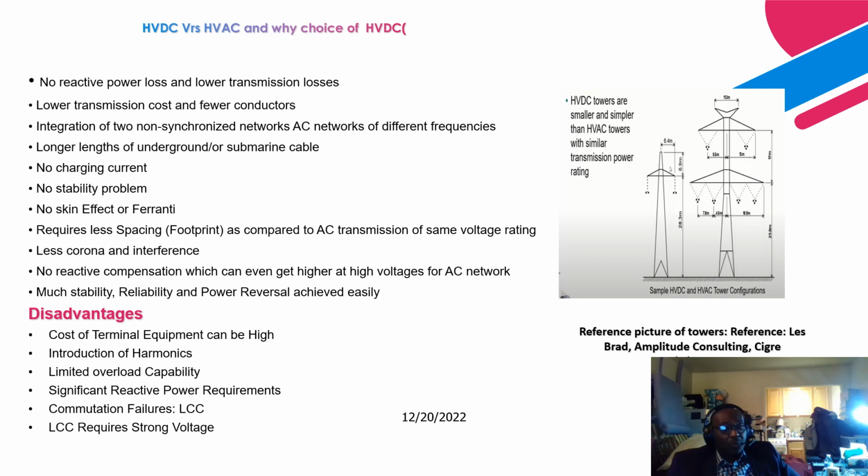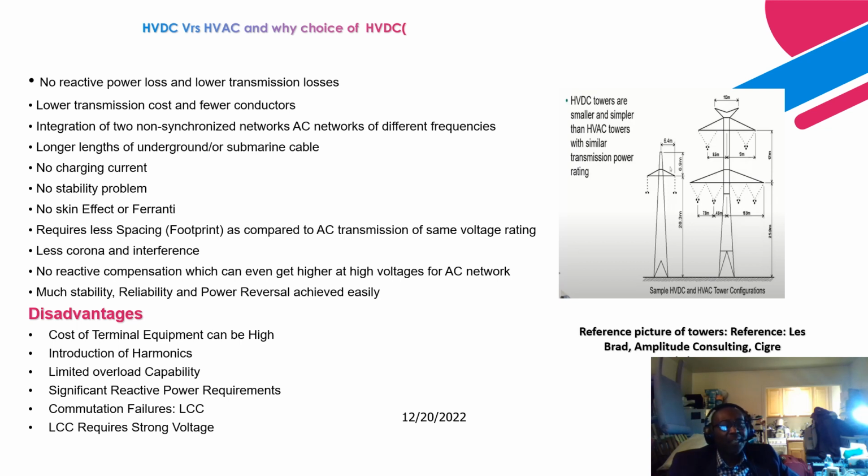Next, line commutated converters, or current source converters, require a strong voltage source or AC grid. And what does that mean? A strong AC voltage means that the AC grid has to be very strong, or stiff, which means it should have a very high short circuit ratio, high short circuit contribution from all the generators that are tied to this AC network.